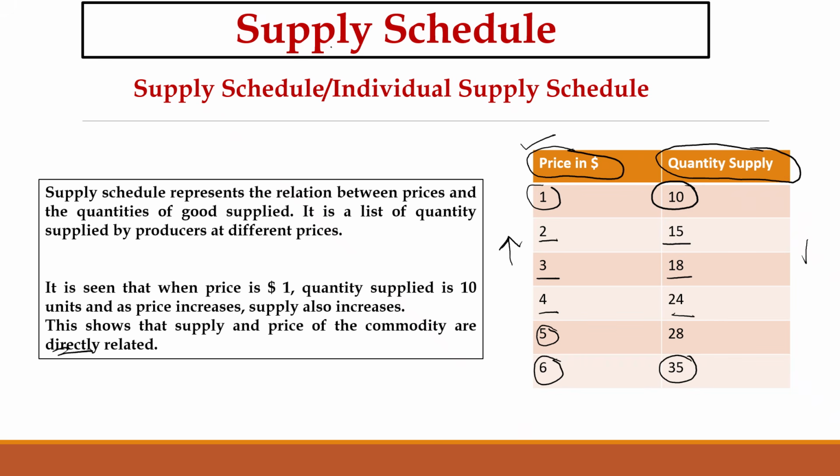If the price increases, the supply also increases, and when the price decreases, the supply also decreases. So what type of relationship? A direct relationship between price and quantity supplied.